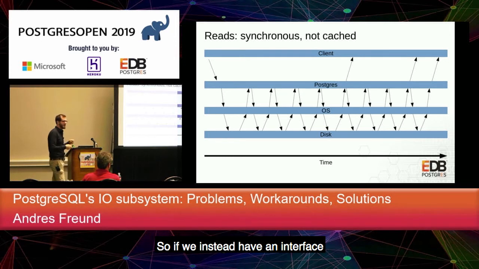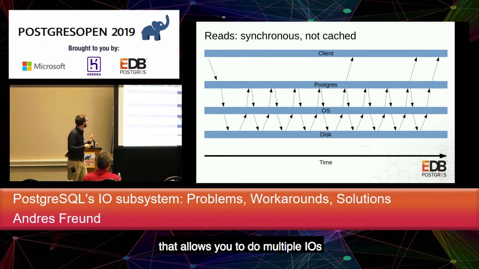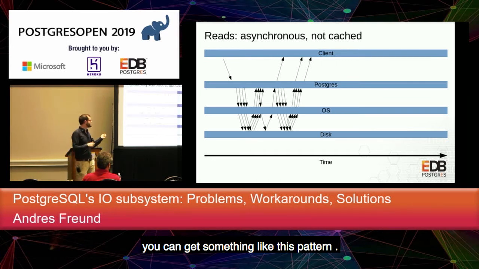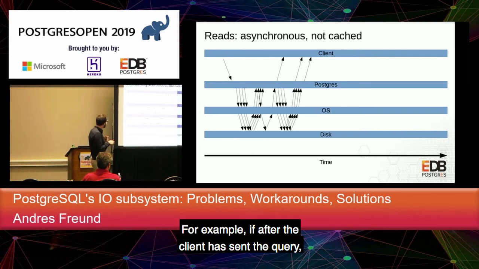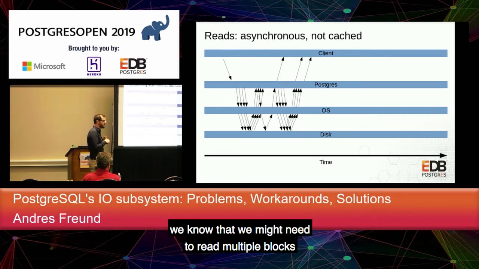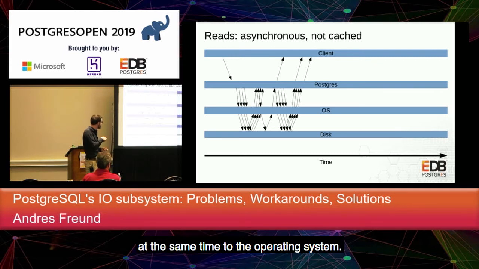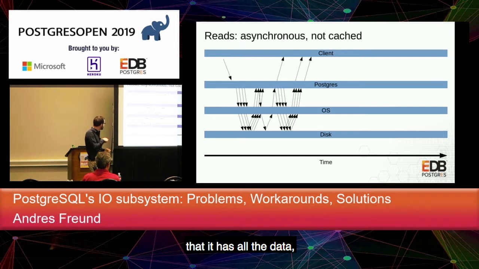So if you instead have an interface that allows you to do multiple I/Os, you can get a pattern like this. For example, after the client has sent the query, we know that we might need to read multiple blocks at the same time. So you can send read requests for all of those at the same time to the operating system. The operating system discovers that it doesn't have any data cached itself, so it has to send them to disk.